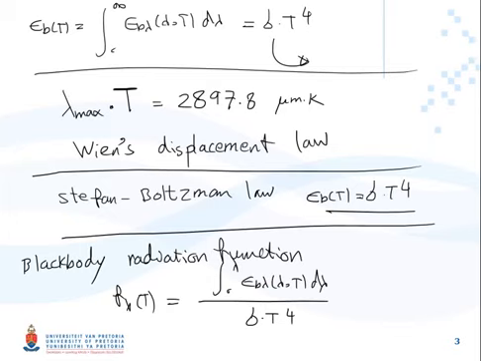That is if we want to find the emissive power between 0 and lambda. What about if we want to find the emissive power between two specific wavelengths, lambda 1 and lambda 2?